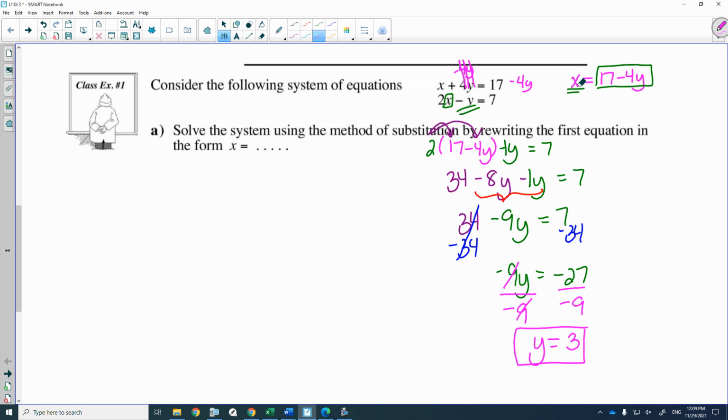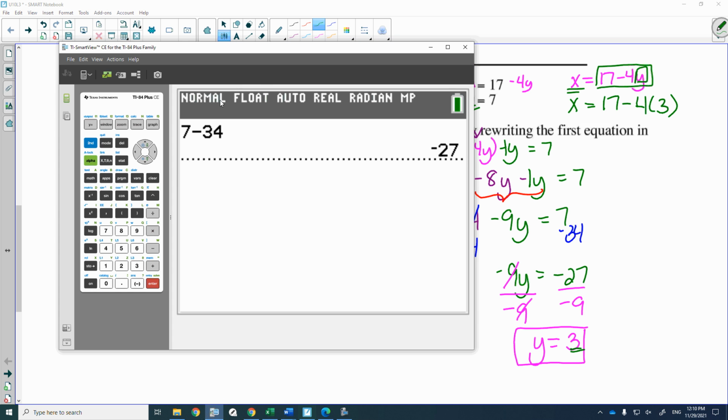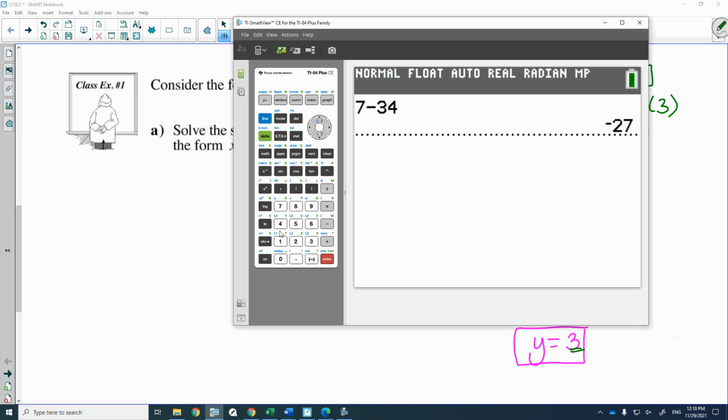So you guys, if I know that y is 3, I could put it right there. And then I will have what x is equal to. X is equal to 17 minus 4 times 3. So x is equal to 17 minus 4 times 3, and x is 5.